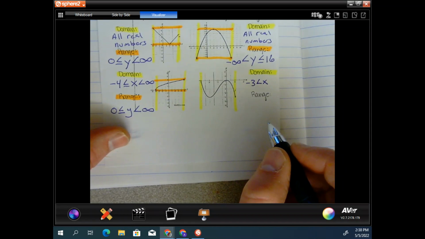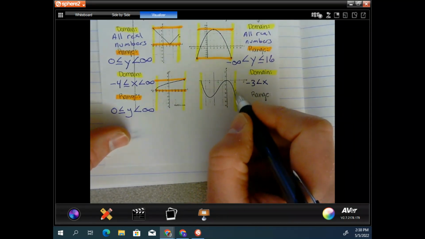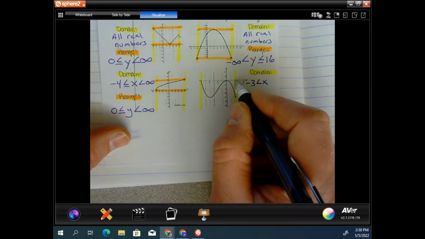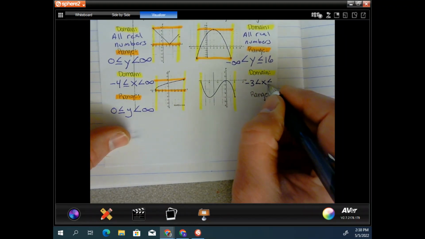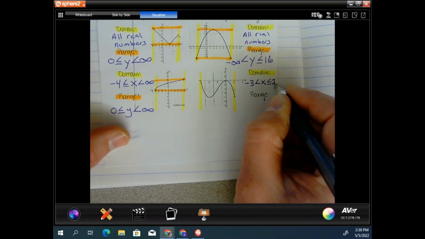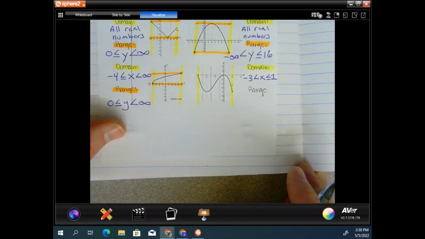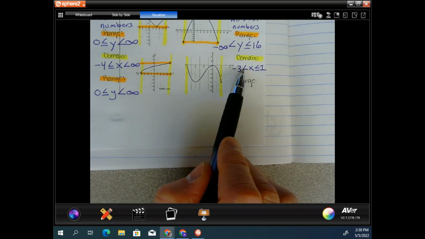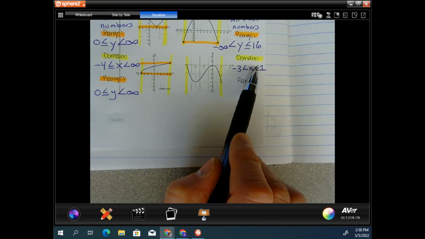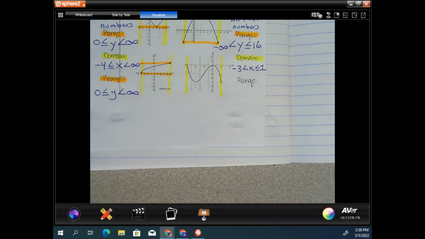Remember, my variable I use is x for domain. My farthest right goes through the x-axis at 1. It is a filled-in circle. So it's -3 is less than x, and x is less than or equal to 1.